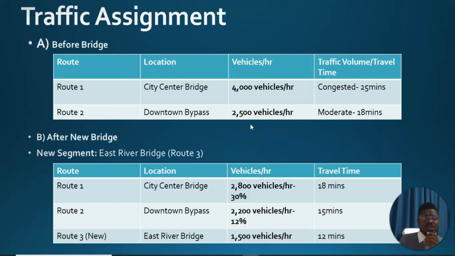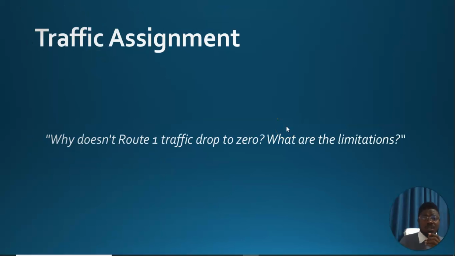But the question is, why is it that it didn't drop to zero? There are some other factors that need to be taken into consideration. Route 1 is usually a congested road, so the introduction of a new route means people tend to concentrate more on the new road rather than the old one when they know this road is usually congested.